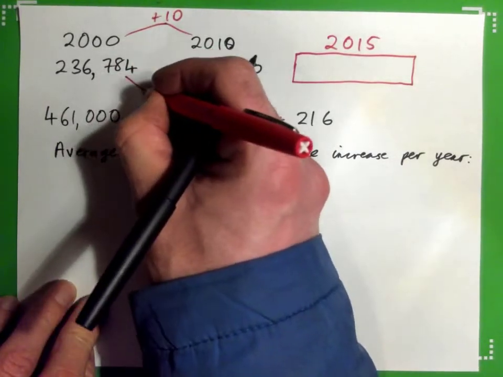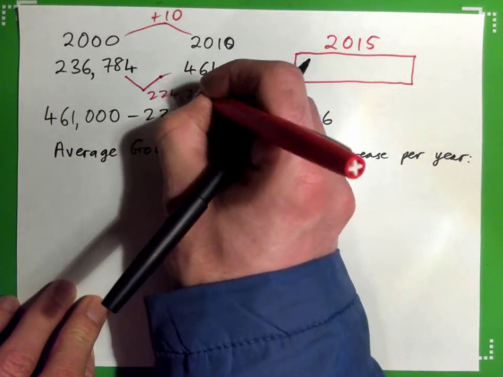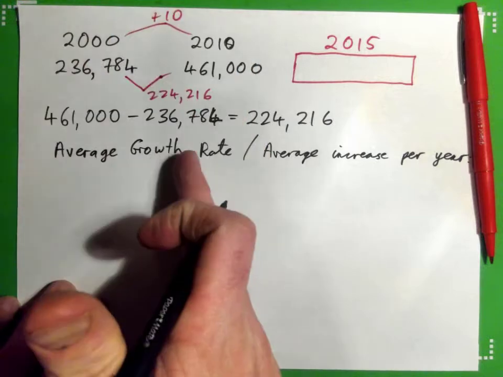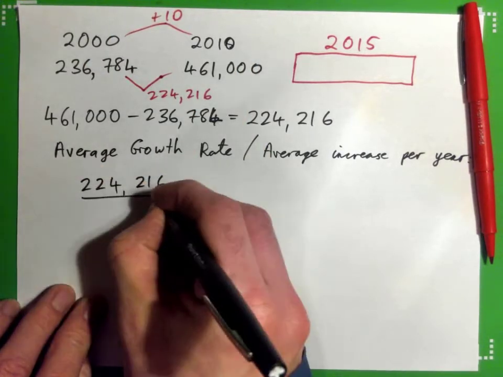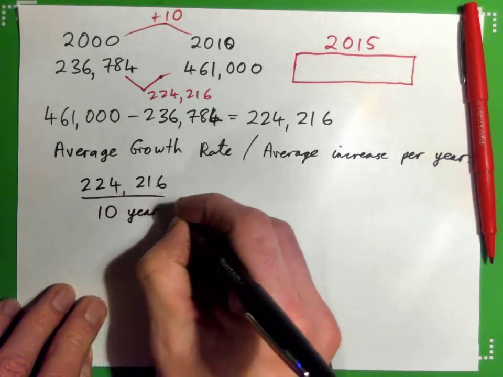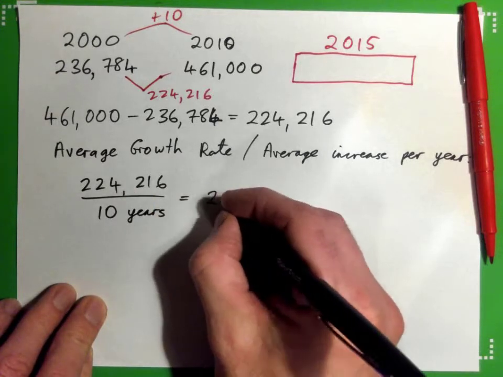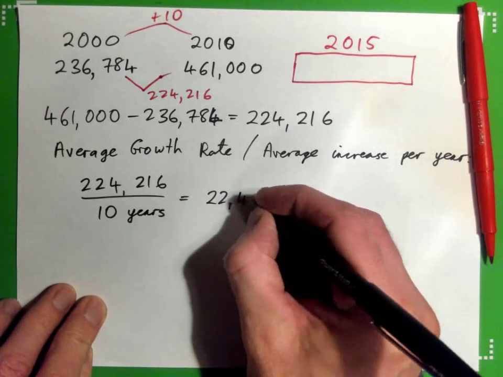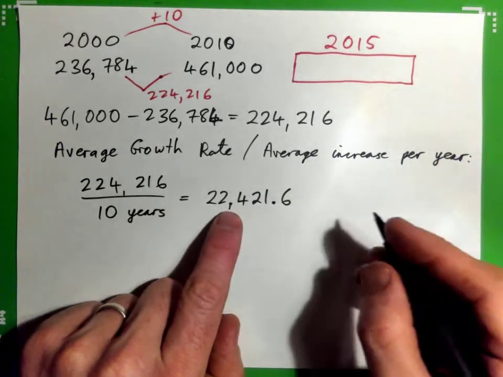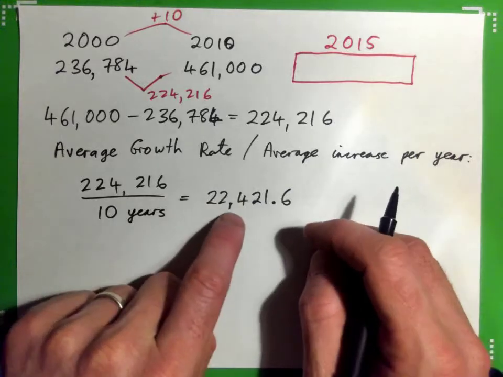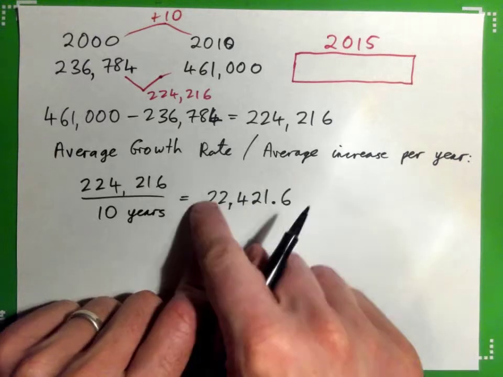The absolute increase was 224,216, but to get the average growth rate, we just divide by the 10 years, because it's 10 years in that period. That gives 22,421.6. So that's an average increase in cost per year.